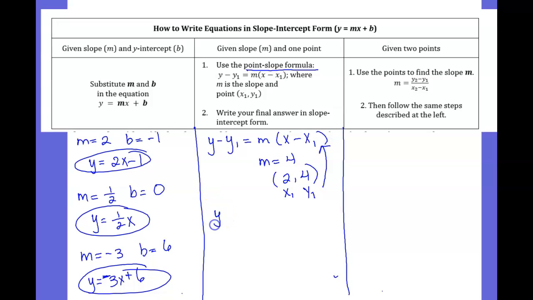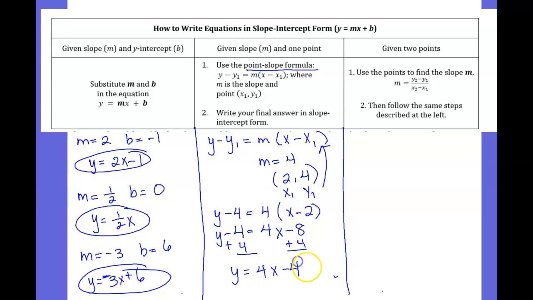So we would have y minus 4 equals 4, because my slope is m, times x minus 2. We would then distribute the 4, because our whole goal is to get it into slope-intercept form. So we would say 4x minus 8. Then we would add our 4, and we would get y is equal to 4x minus 4. So the equation of that line would be in slope-intercept form. So we use the point-slope formula to get us into slope-intercept form.